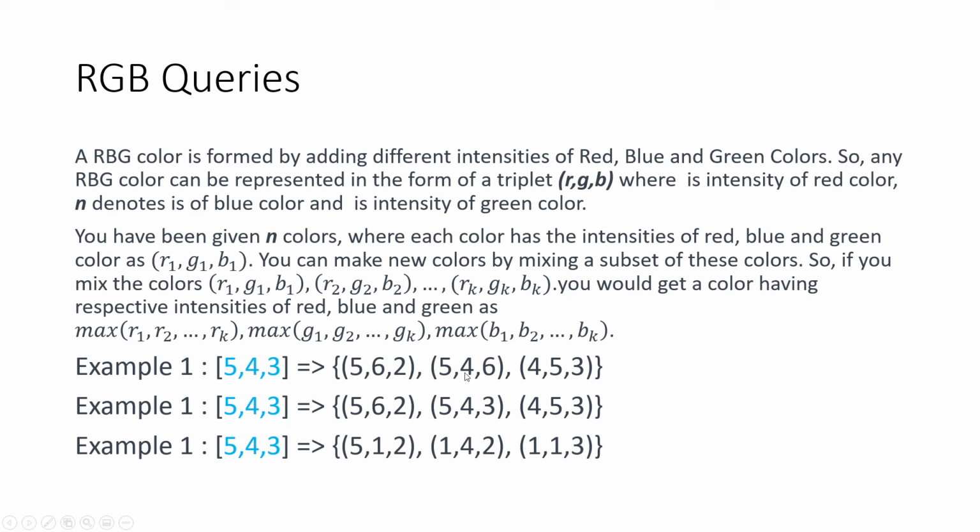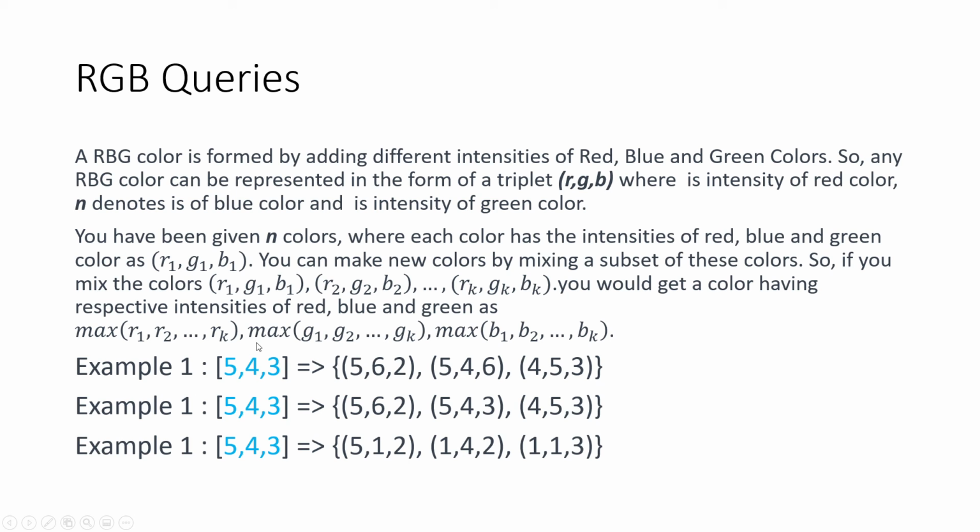When we process the list of 5, the other 2 values, green and blue, should not exceed the expected values. If they exceed, we can't use that color, because if you use that color, the mixture takes the maximum value, so it gets that larger value.